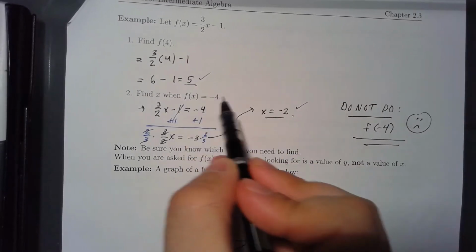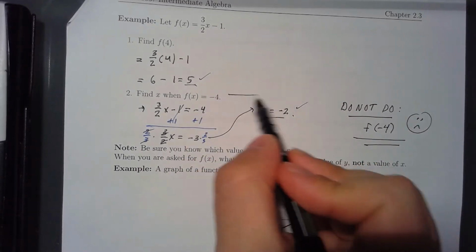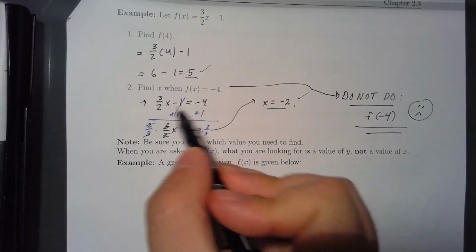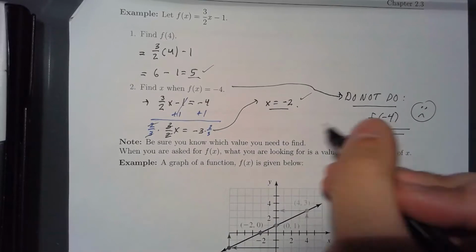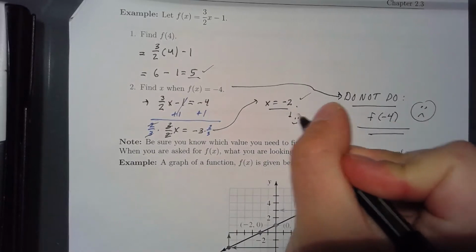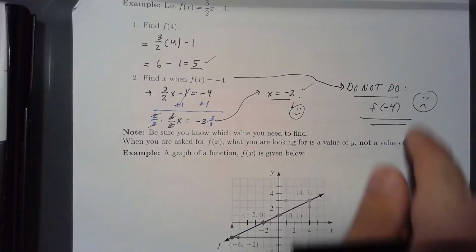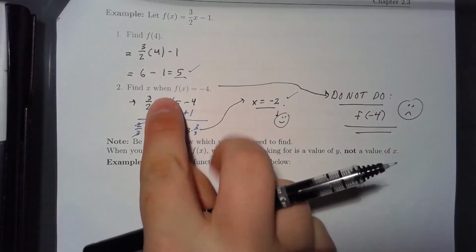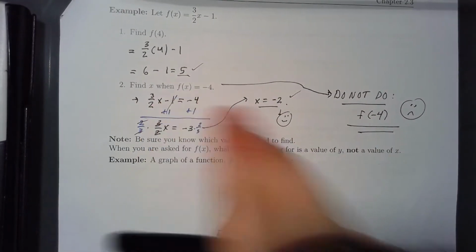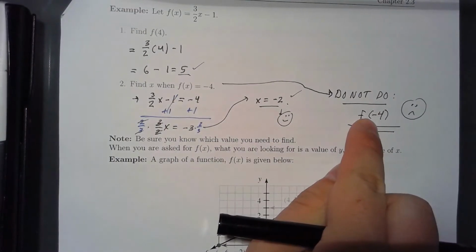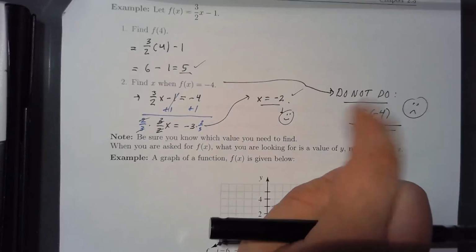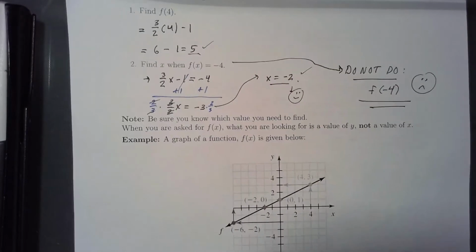That's not what I'm doing here. This is what you do. This is a very common mistake I see students make with these kinds of problems. When they see the questions for this, they immediately do this. No, no, no.